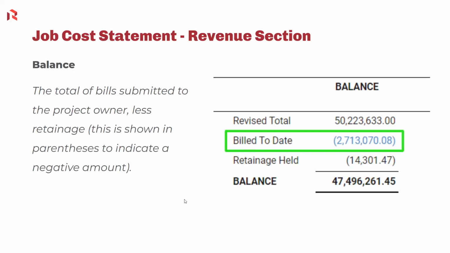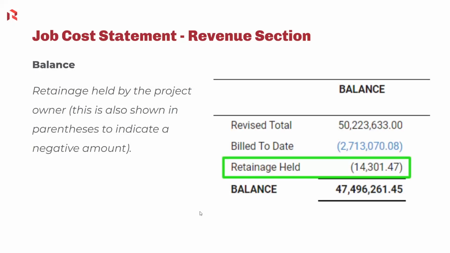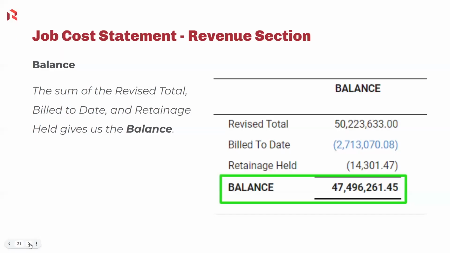So the billed to date figure is going to be presented as a negative number, as is the retainage. So you'll see both of those numbers are in parentheses. And when we take the sum of all three of those numbers, the revised total, the billed to date, and the retainage, that's where we get the balance.